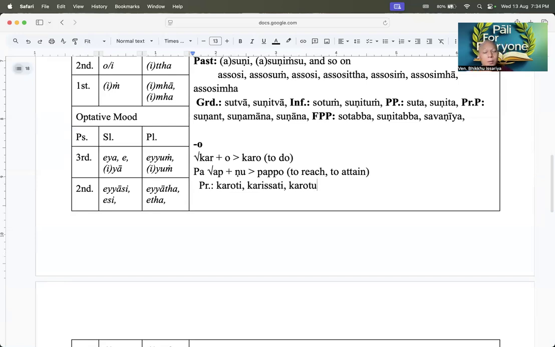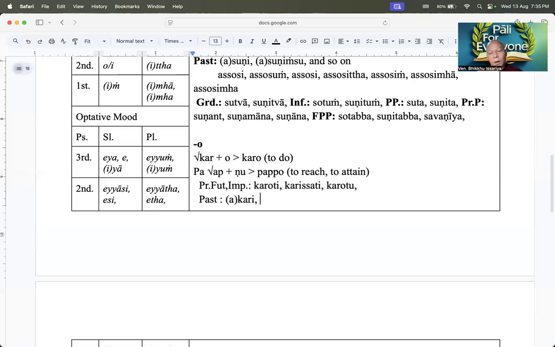Okay. Garo do. But in the past tense, so here present and future and the imperative. So, but here in the past tense, so we can see the formal form is akari. Okay.